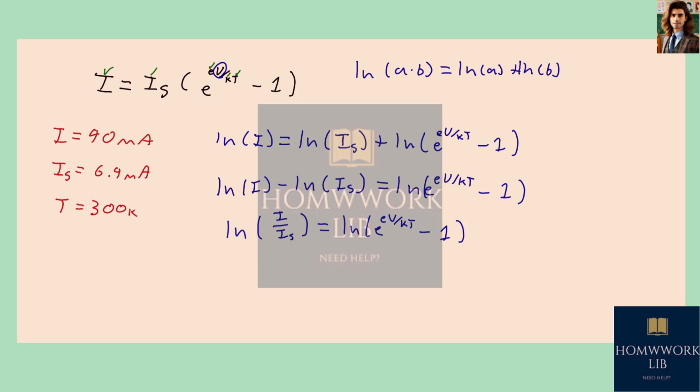But we're going to split these, so we get natural log of e to the eV over kT. I'm going to go ahead and move this bit over into here.